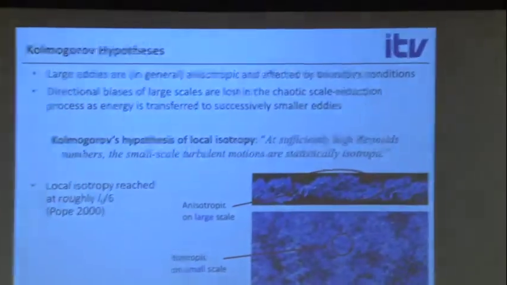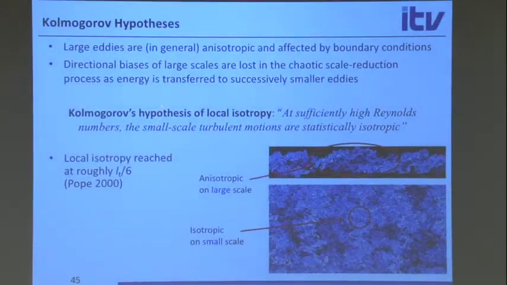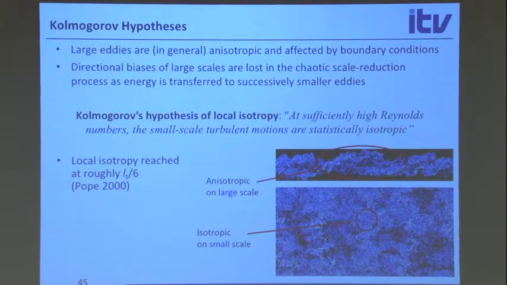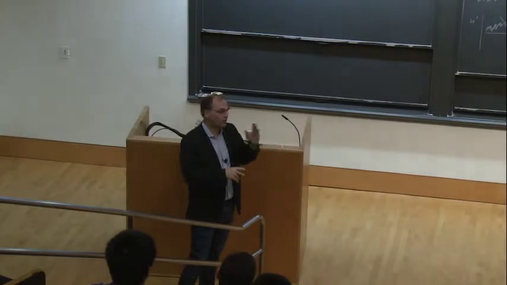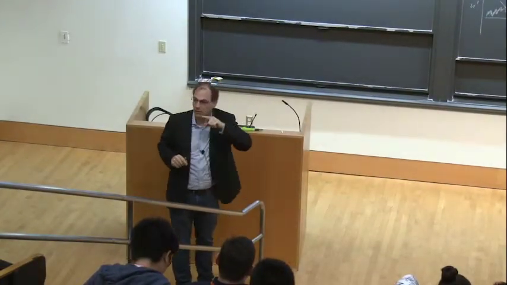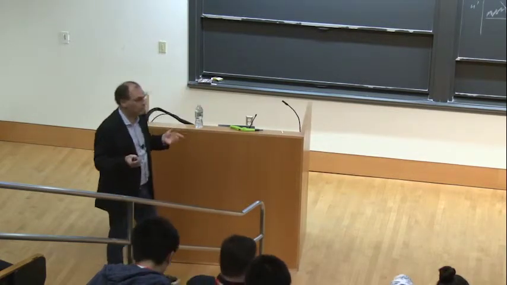His first hypothesis is the hypothesis of local isotropy. It says that at sufficiently high Reynolds number, the small-scale turbulent motions are isotropic. Remember, we said last time, isotropic means you have no directional preference. If I measure velocities in this direction or this direction, the statistics will always be the same.